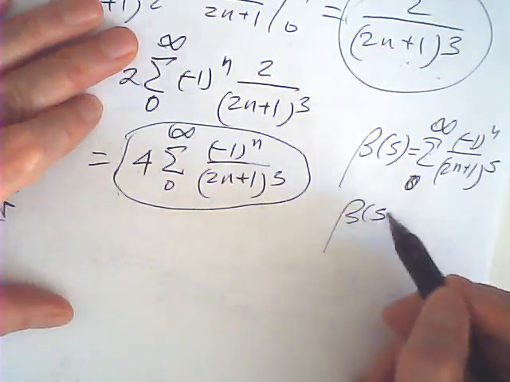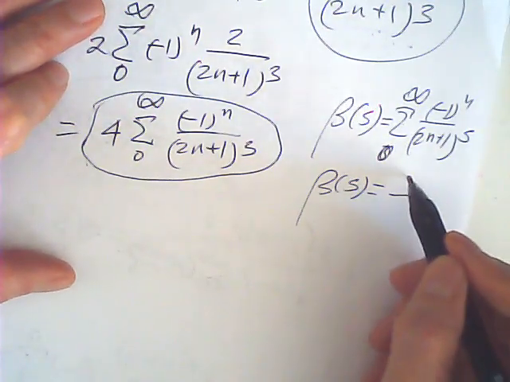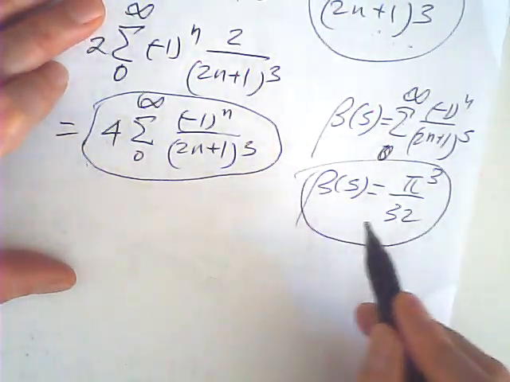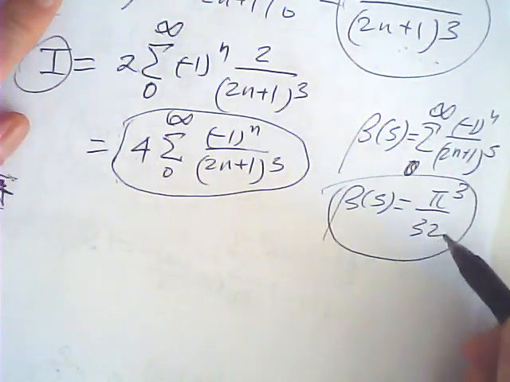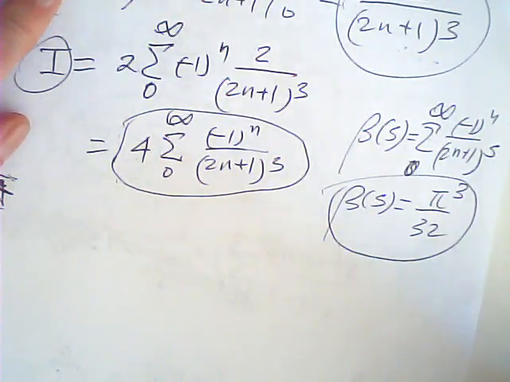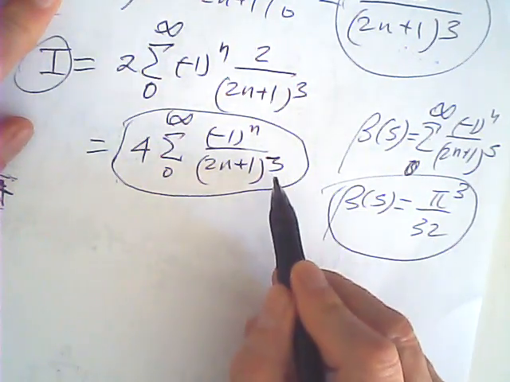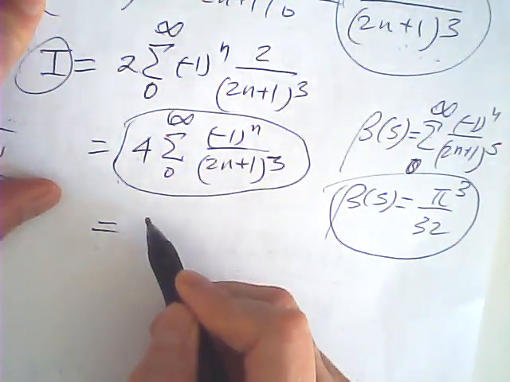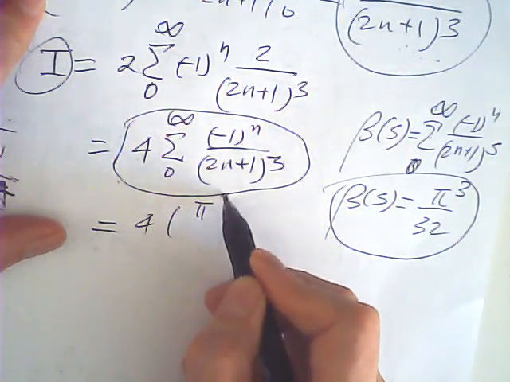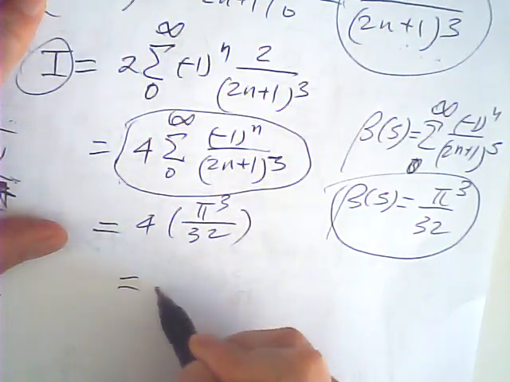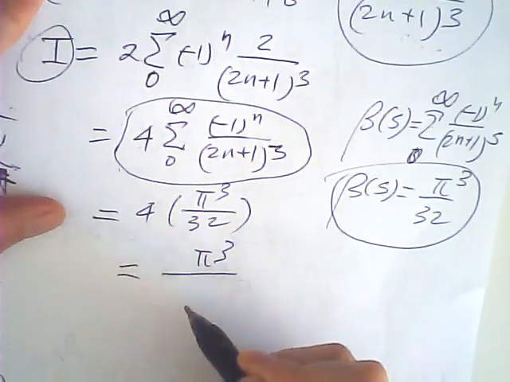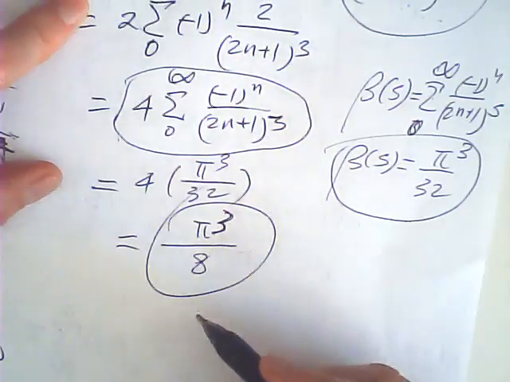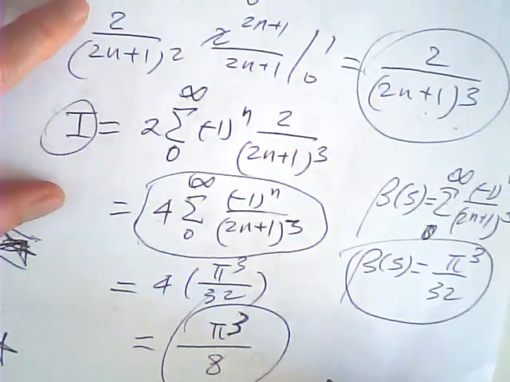When s equals 3, this is equal to pi cubed over 32. Okay, that is the beta function when s equals 3. Well, our case s is 3, so this is equal to 4 times pi cubed over 32, which is pi cubed over 8. Okay, this is my final answer for our integral by method 1.